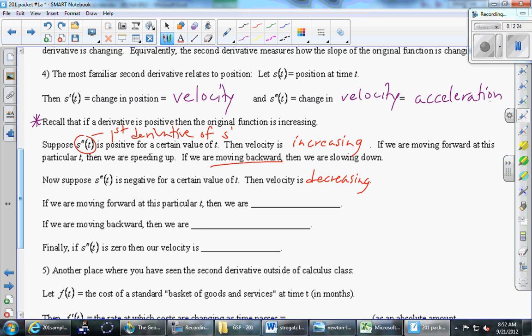If you are moving forward and your velocity is decreasing, are you speeding up or slowing down? Slowing down. You really got to think about this carefully. If you're moving forward but your velocity is decreasing, you're slowing down. But if you're moving backward, then your velocity is already some negative number, negative 10 feet per second. And if your velocity decreases to negative 12 feet per second, then what are you doing? You're going faster, you're going backwards, but you are speeding up.